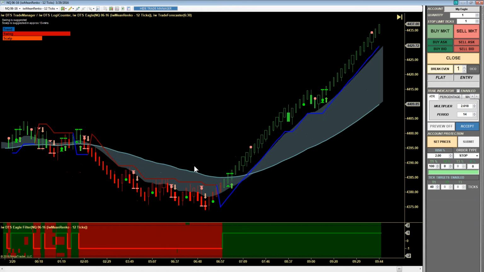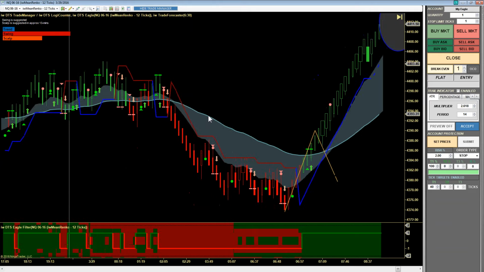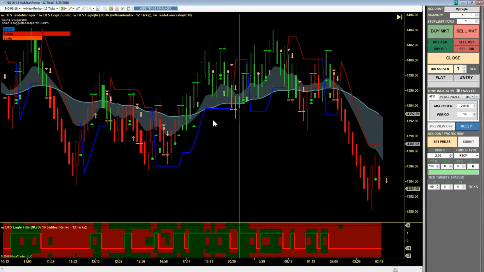Now, very often this trend change signal right here needs to be preceded by a test of the extreme, a retest. That's what tends to make it a better signal. You can see in this instance, we didn't really get one, however. So let me see if I can find you a better example.